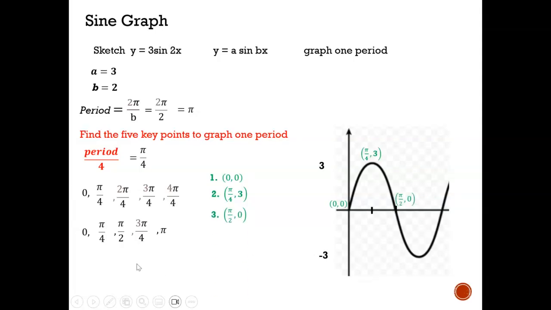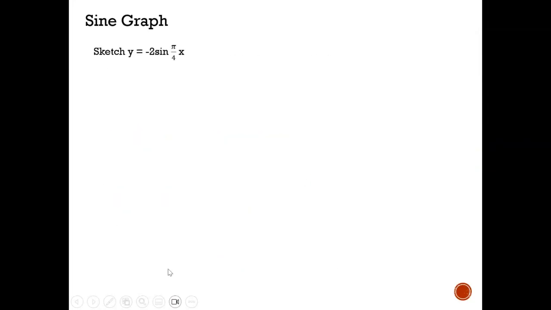And then we have 3 pi over 4 next, so we're going to have 3 pi over 4, negative 3. And then finally, we're going to have pi, 0. Now you graph these. And guys, these are not that hard if you follow what I'm teaching you here. Okay, now let's do another one.